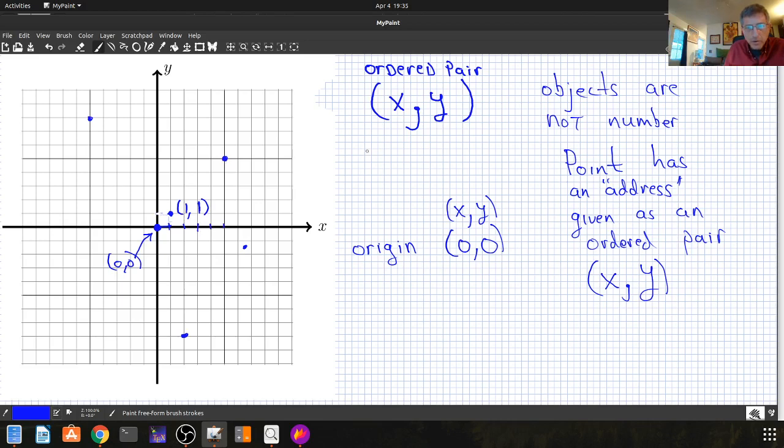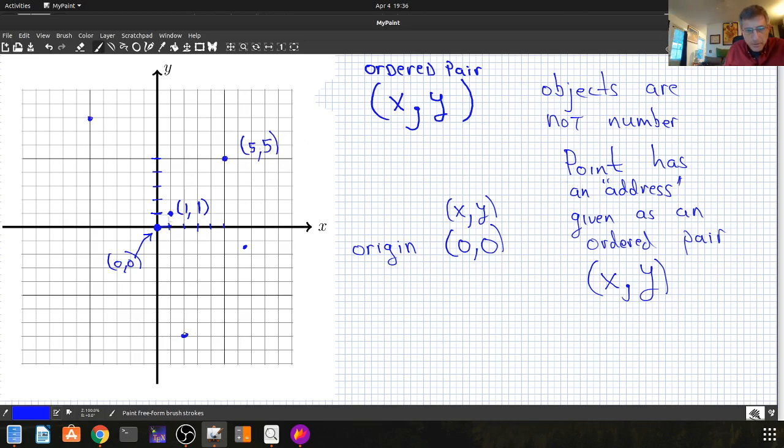So the x-coordinate will be 5. Now I'm going to move over here until I hit the y-axis. And then how far am I from the origin? Well, there's 1, 2, 3, 4, 5. So the coordinate, which corresponds to an ordered pair, of this particular point is 5, 5.